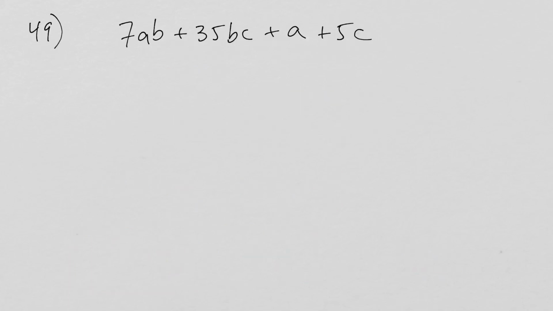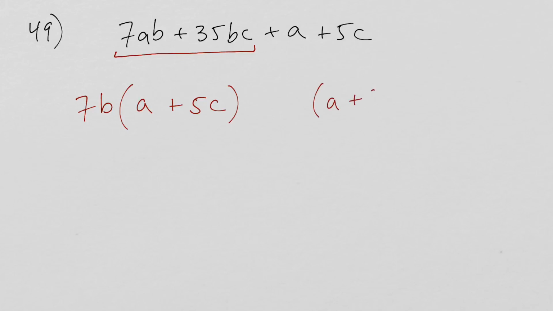Okay, this looks like it's going to work because we have stuff in common. So when I look at those two things, they both have a 7 in common and they both have a b in common. So I'll factor that out. I'm leaving behind an a plus 5c. So I'm going to leave a big space, and I'm going to put a plus 5c again immediately, because what I leave behind here, I have to leave behind here.